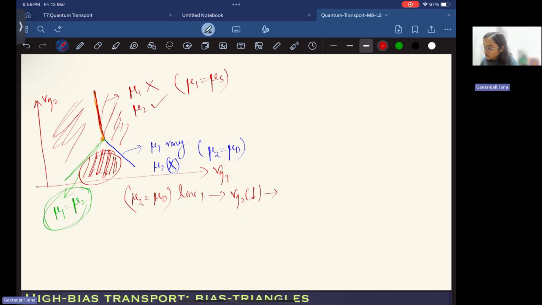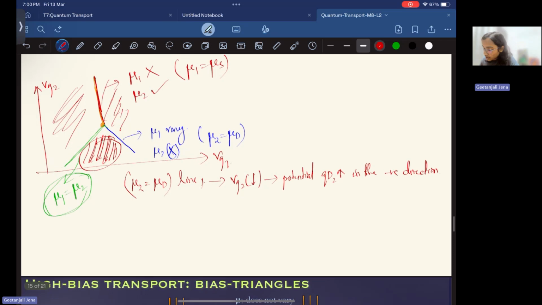That means we are increasing the potential of quantum dot 2 in the negative direction. What I mean pictorially is that decreasing VG2 means we are increasing the energy of the quantum dot 2 as compared to quantum dot 1.